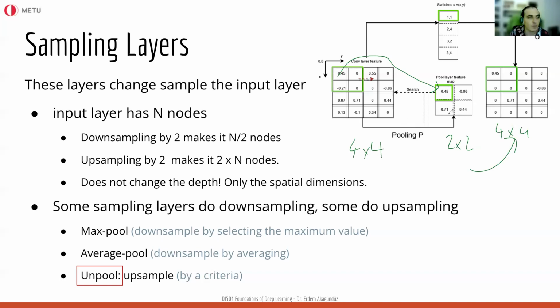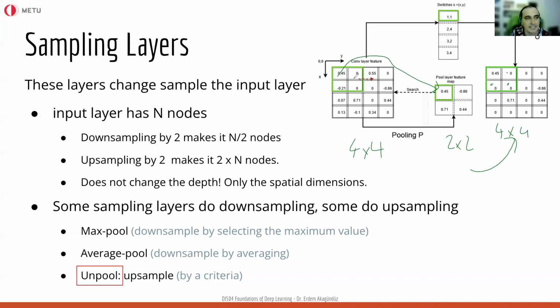So what am I going to do? Am I going to put this 45 value in all these cells? I may do it. However, I may choose to use the exact location of this value, looking at the previous layers to see where they came from. To be able to do this, I would need to pass the indices of the previous layer to this layer so that I will not lose the localization of this feature.